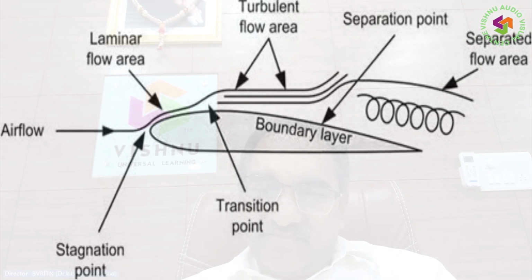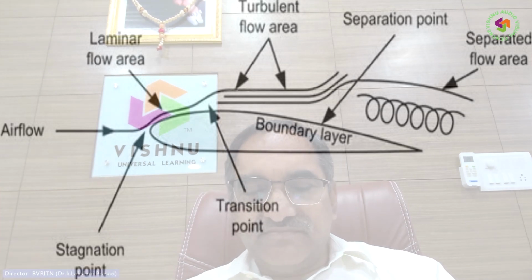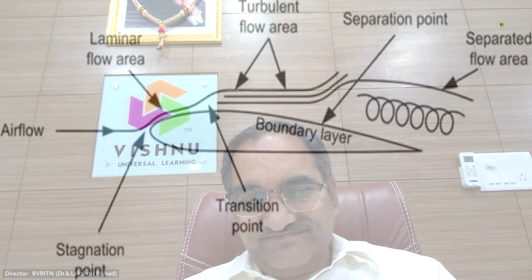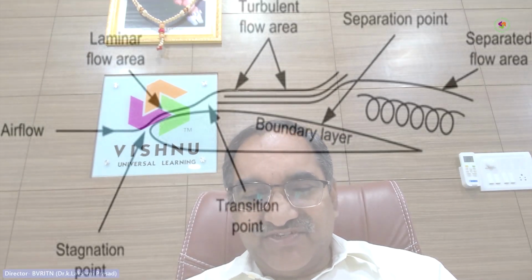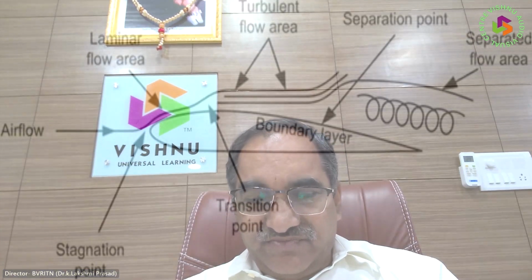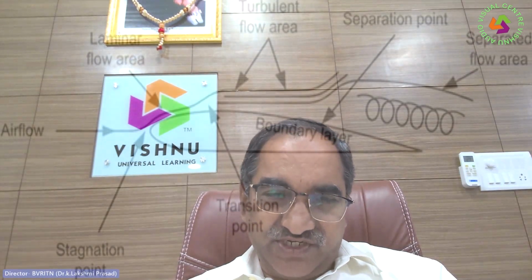In this laminar sublayer, the velocity distribution is parabolic. However, as the zone thickness is so small, we consider the velocity distribution as linear, and the equation for the shear stress, Newton's law of viscosity, tau naught is equal to mu into dv by dy, is applicable in this region.